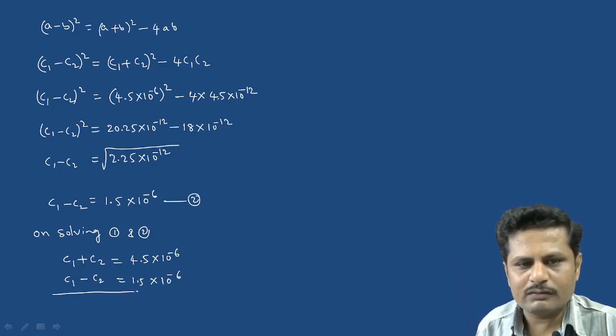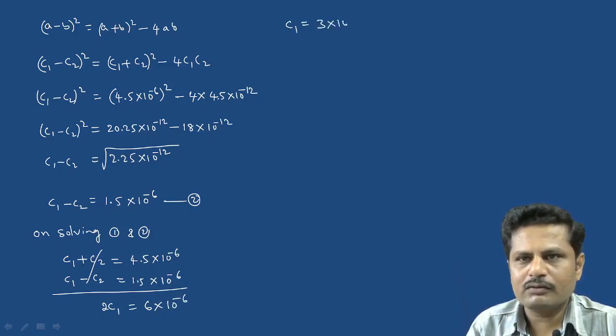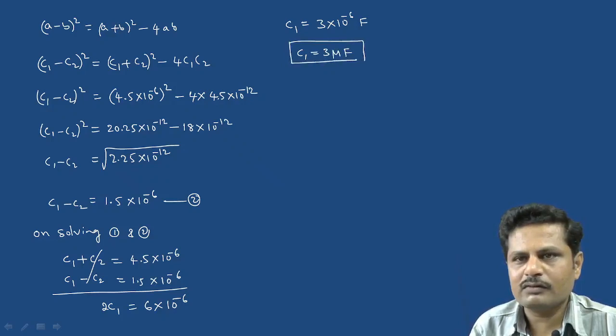On solving these, C2 gets cancelled, so you get 2C1 equals 6 into 10 raised to minus 6. Therefore C1 equals 3 into 10 raised to minus 6 farad, that is C1 equals 3 microfarad. That is, the first capacitor is 3 microfarad.